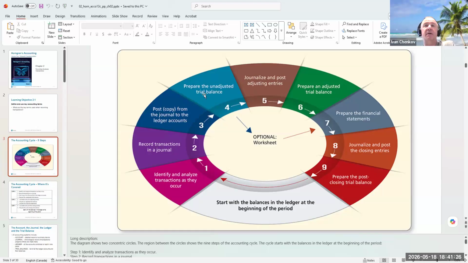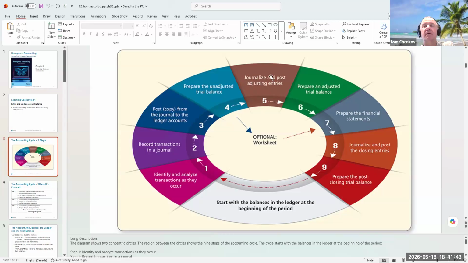After that, we're going to prepare the unadjusted trial balance, where we take the balances from each account and put them on one sheet so we can see what the company has in each account and what the balance of each account is.